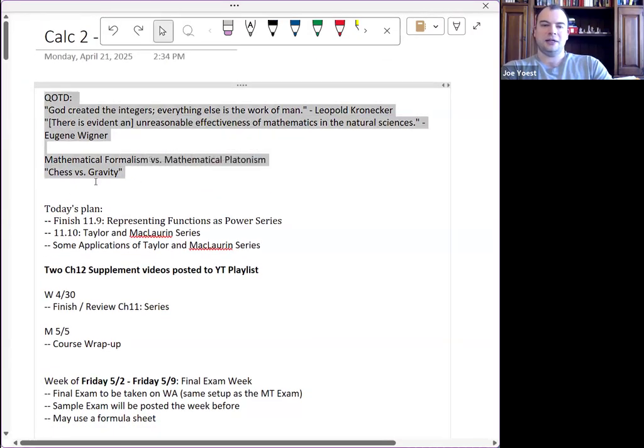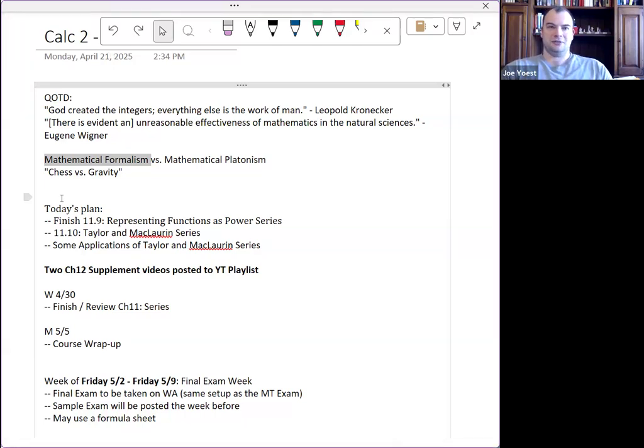The quotes of the day today are meant to highlight two aspects of the way that people think about the philosophy of mathematics. There's this idea of mathematical formalism, where the thought process is basically that mathematics is human created.